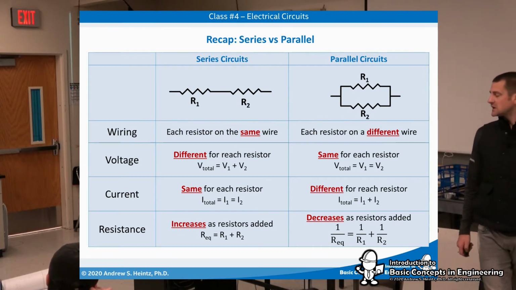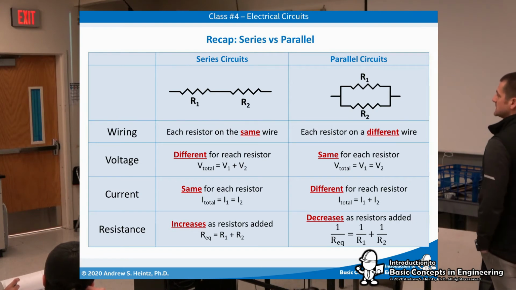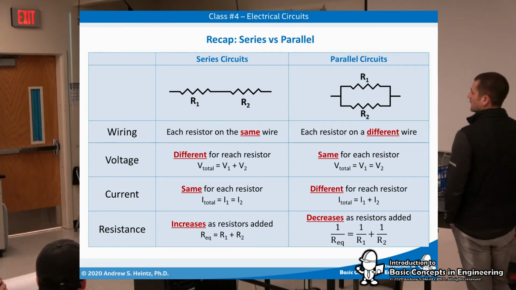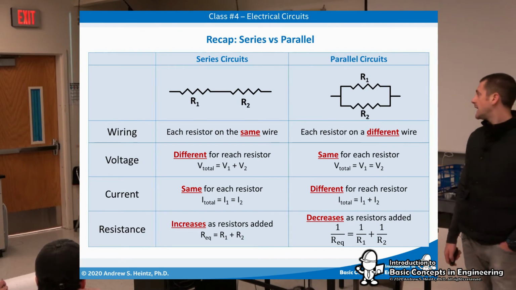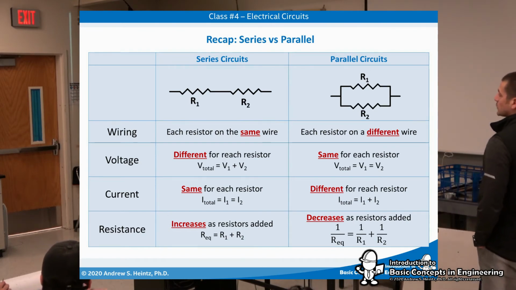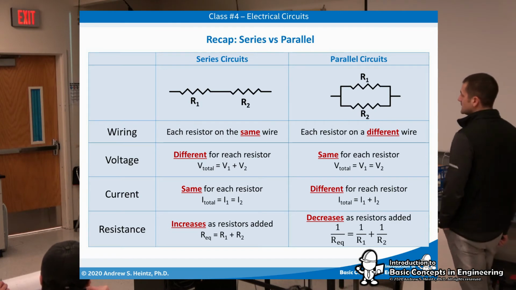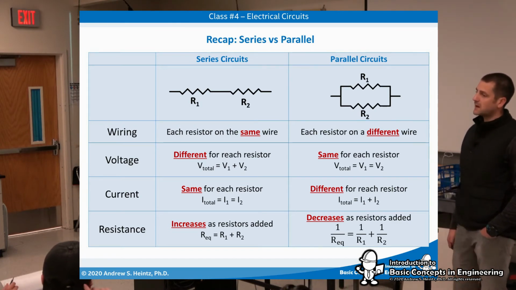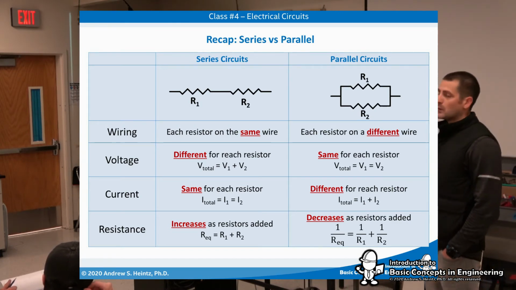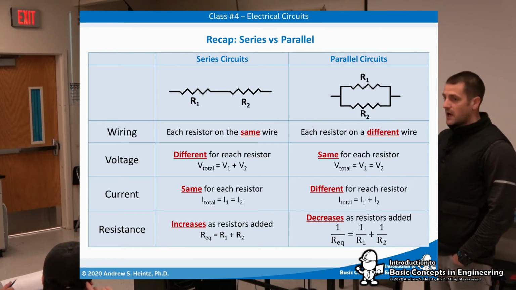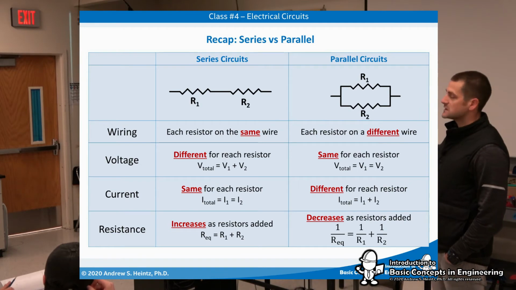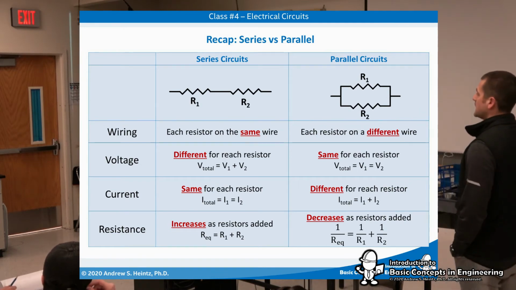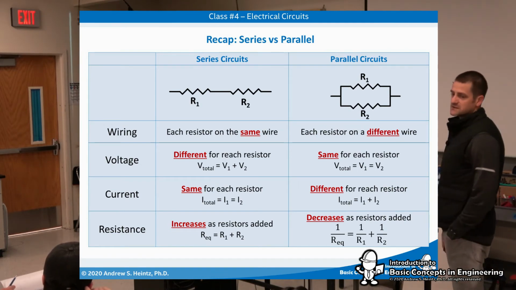The voltage is different for each resistor in series, but in parallel, it's the same for each resistor, which causes us to have current that is the same in series, but different in parallel. And why that really matters is, to Tom's point, the overall resistance in a series will increase as resistors are added, and in parallel, it will decrease as resistors are added.